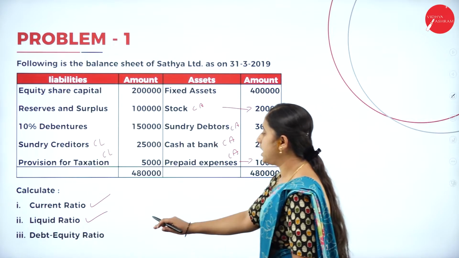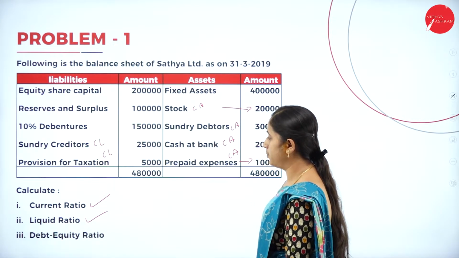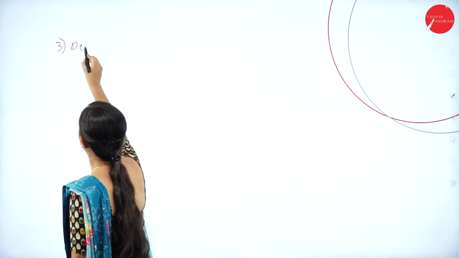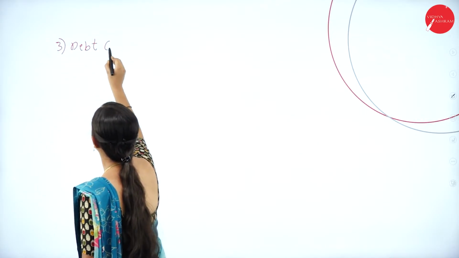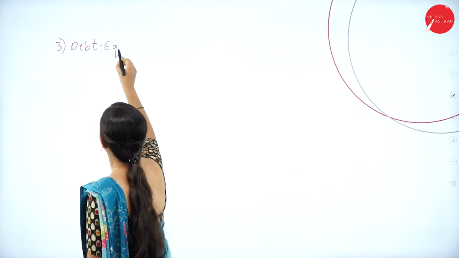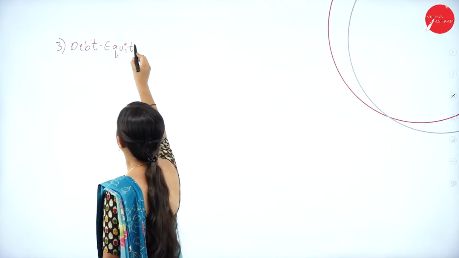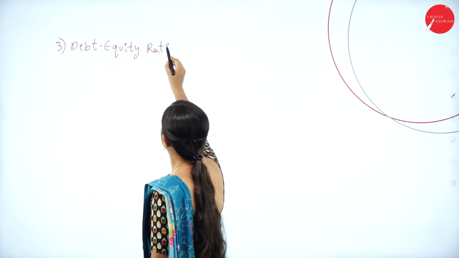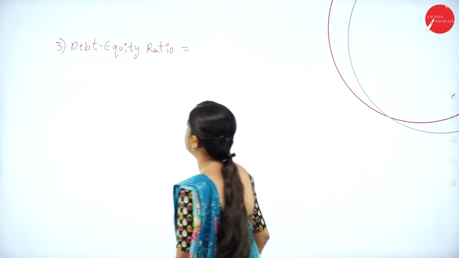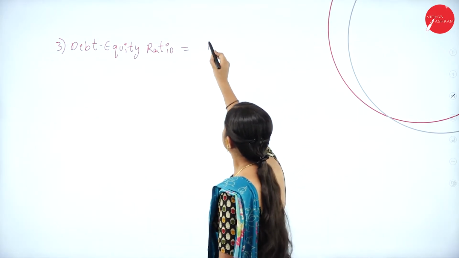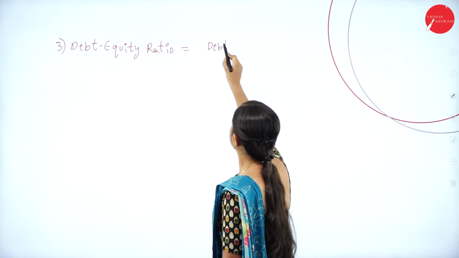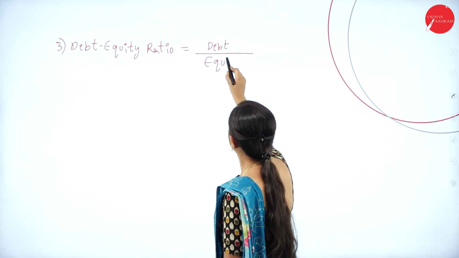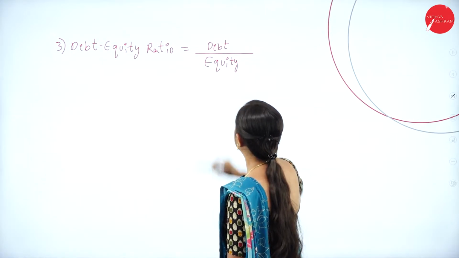Next, debt equity ratio. The formula is debt divided by equity.